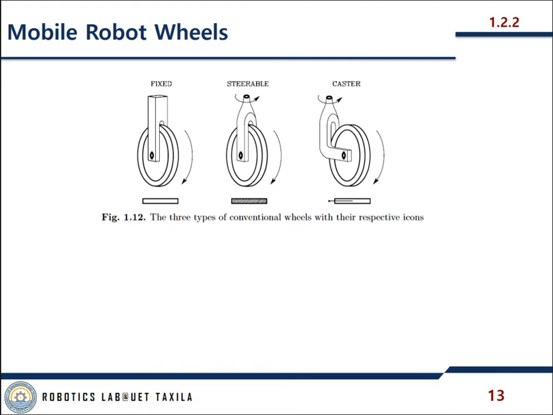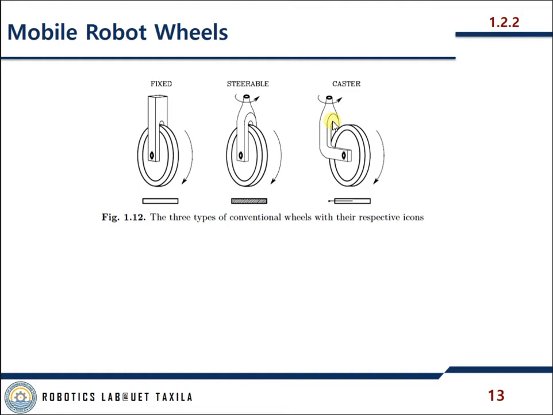Let me give you three different types of wheels, and these types of wheel will generate different kinds of dynamic modeling in the robots. One is fixed, so it cannot move, it can only rotate in this direction. The other is steerable, so it can rotate in this direction and also steer.